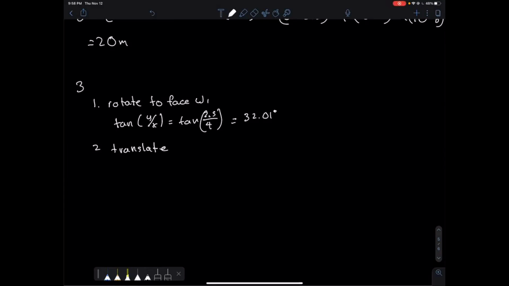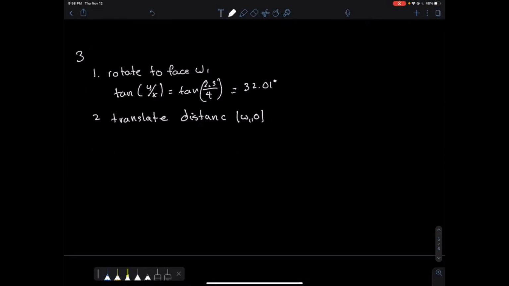We can just do the magnitude of the vector between W1 and the origin. And that distance is going to be equal to the square root of 4 minus 0 plus 2.5 minus 0, and then you square both these things.